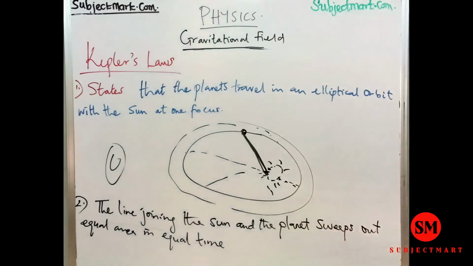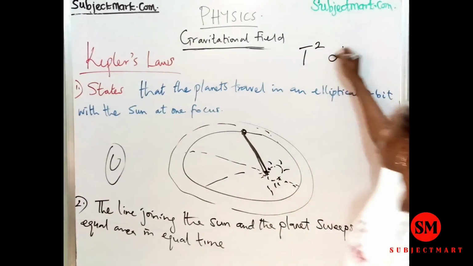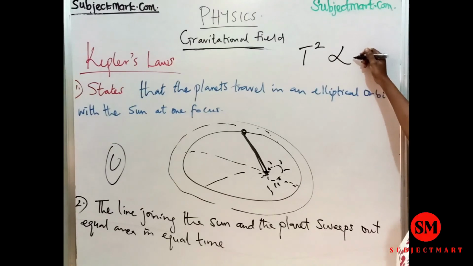While the third law states that the square of the period of revolution of the planet is proportional to the cube of their distances.